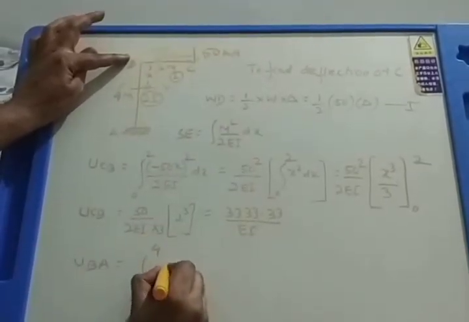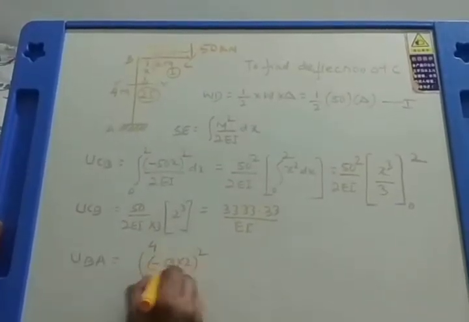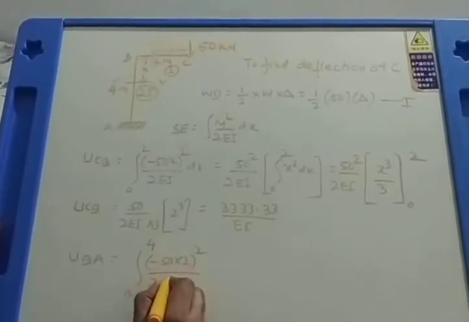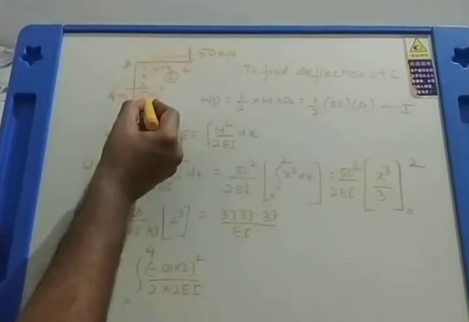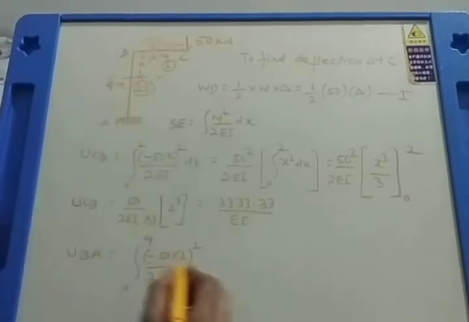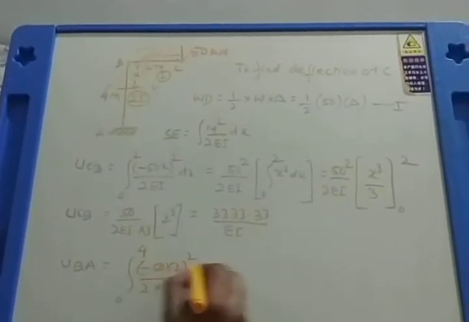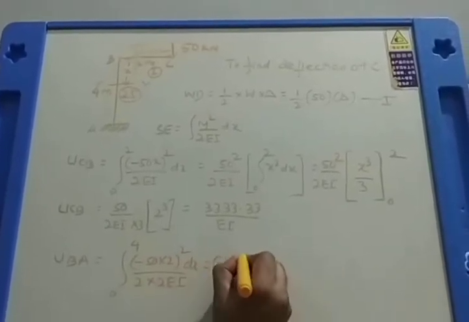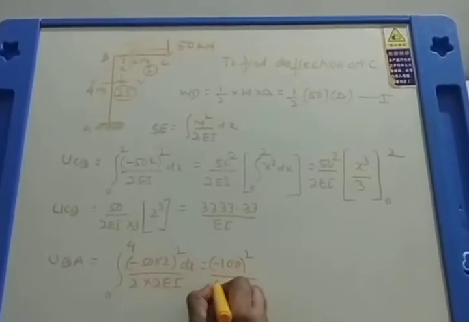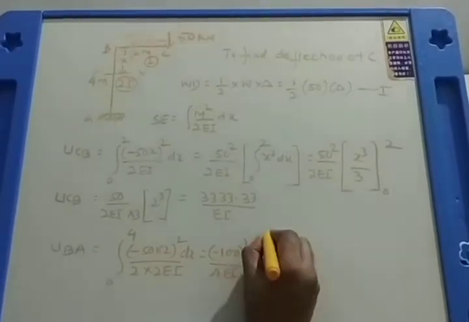So minus 50 into 2, the whole square, M square upon 2 into 2EI dx. You should be very careful because I is 2I here. So it is 50 into 2 is 100, minus 100 the whole square upon 4EI, integration dx with 0 to 4.